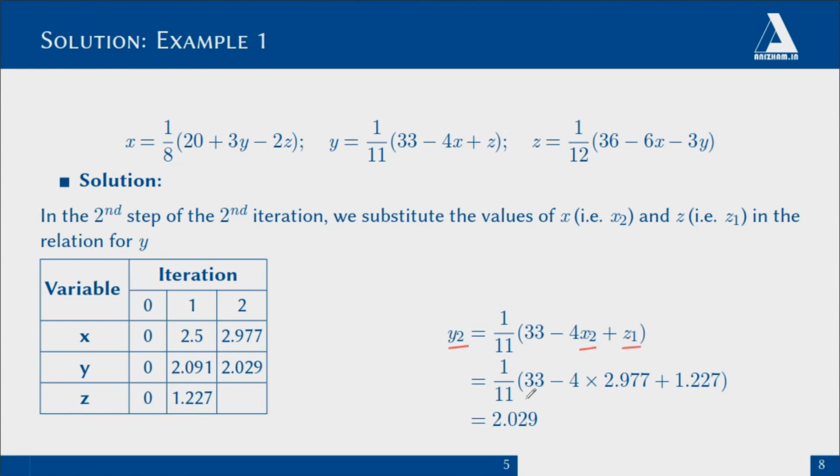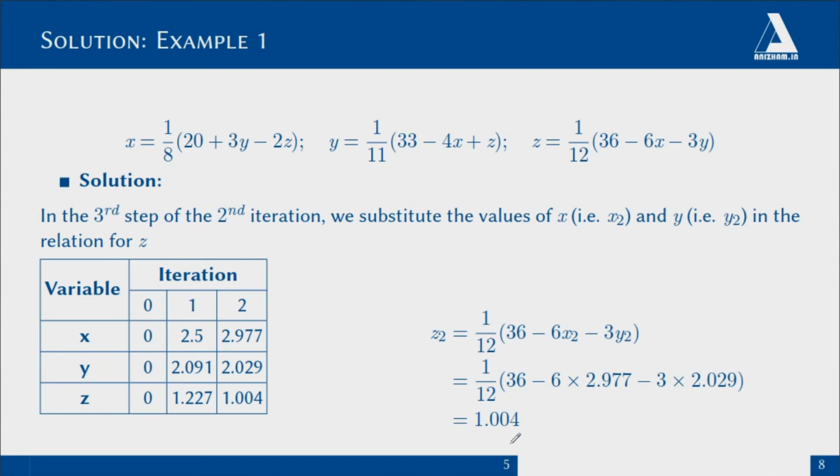So it is 2.029. And in the third step of the second iteration, we obtain the value of z as z2, that is 1.004. Here we substitute x as x2 and y as y2. That is, whenever we are finding out the value of a particular variable, we use the latest values of the variables.